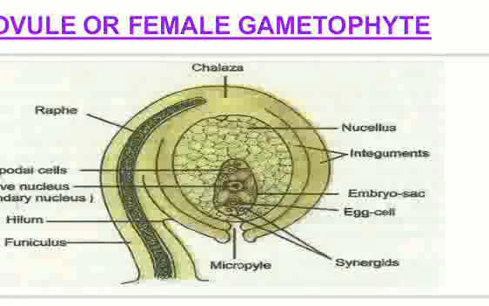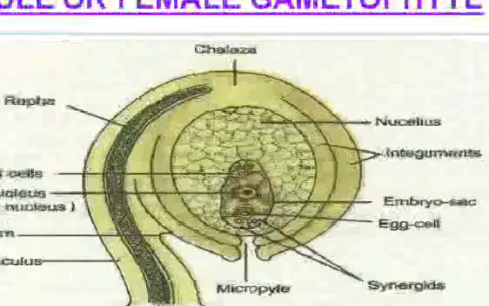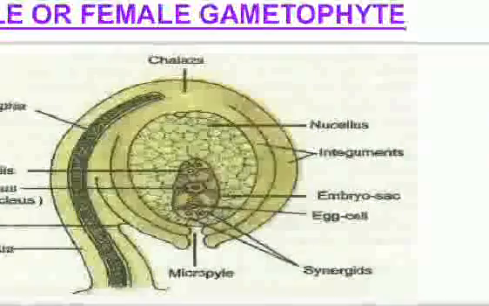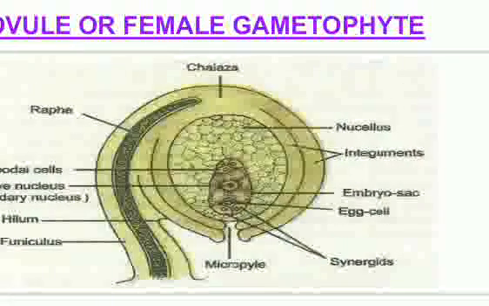If there is one integument, it is called unitegmic, or if there are two integuments, it is called bitegmic. A small opening is left at the apex which is called the micropyle.